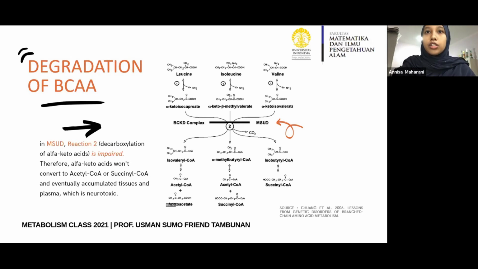Therefore, alpha-keto acids, which would be converted to acetyl-CoA or succinyl-CoA, eventually accumulate in your tissues and plasma, which is neurotoxic. Remember that the first reaction is reversible, so both amino acids and alpha-keto acids will be found. Next.